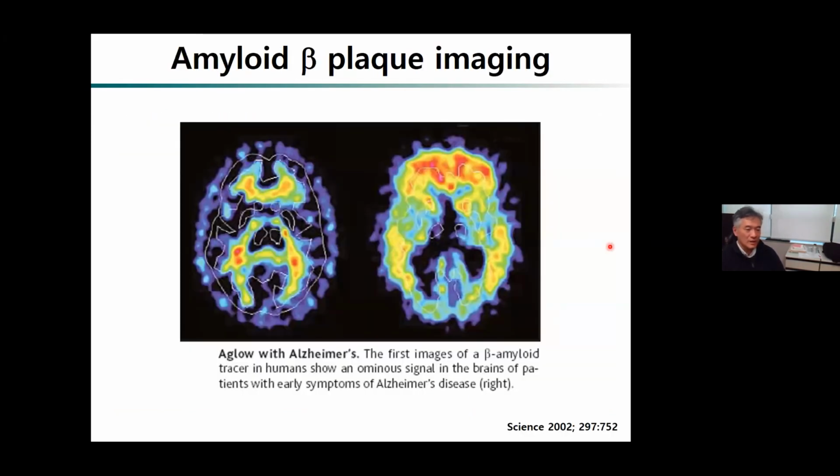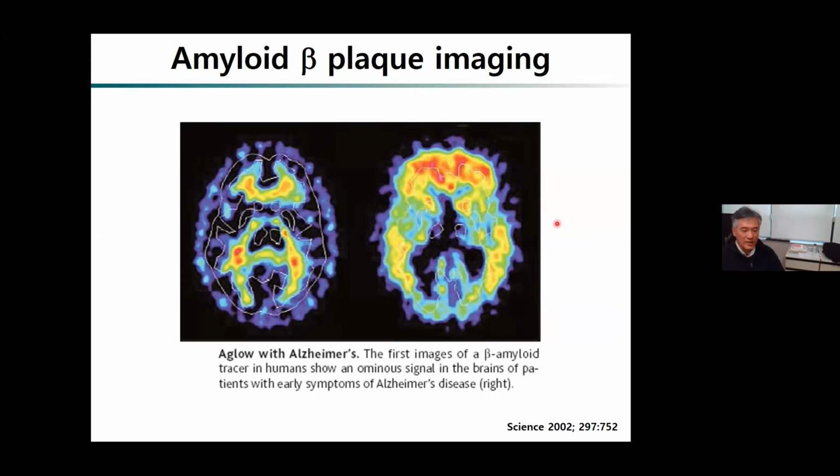Another application of C11 or F18 compounds is amyloid beta plaque imaging. This is the normal uptake in the white matter, and this is the image from the patient, with high uptake in specific regions of the brain.